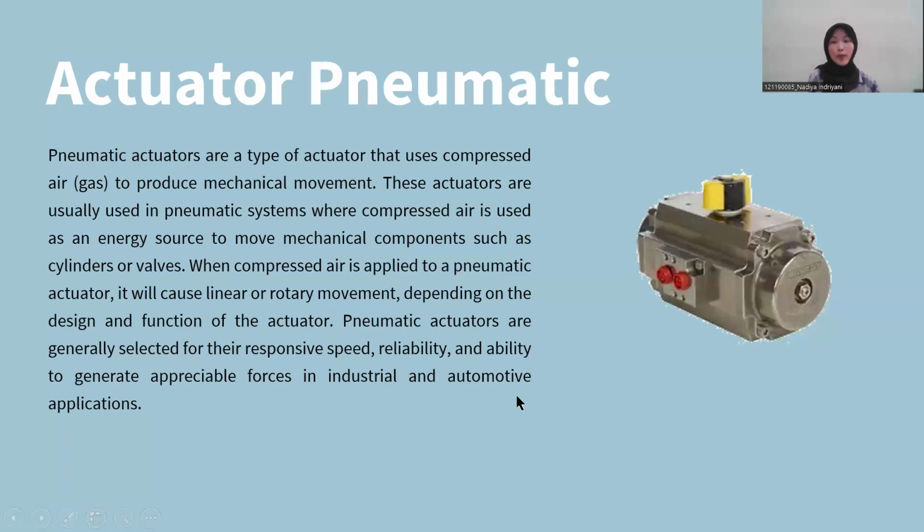And pneumatic actuators are a type of actuator that use compressed air or gas to produce mechanical movement. These actuators are usually used in pneumatic systems where compressed air is used as a resource to move mechanical components such as cylinders or valves.